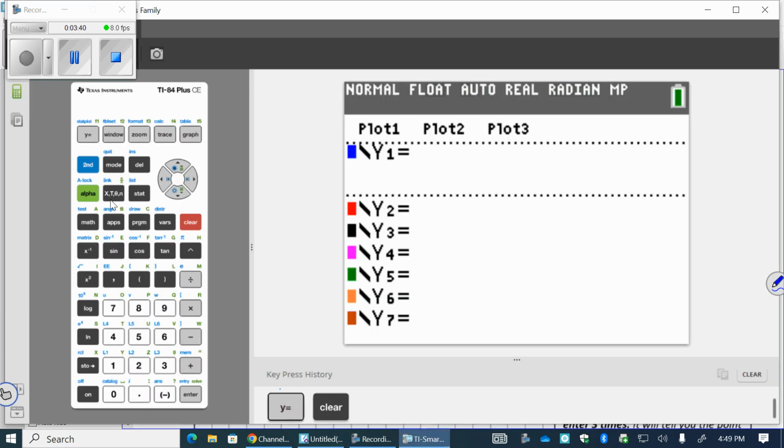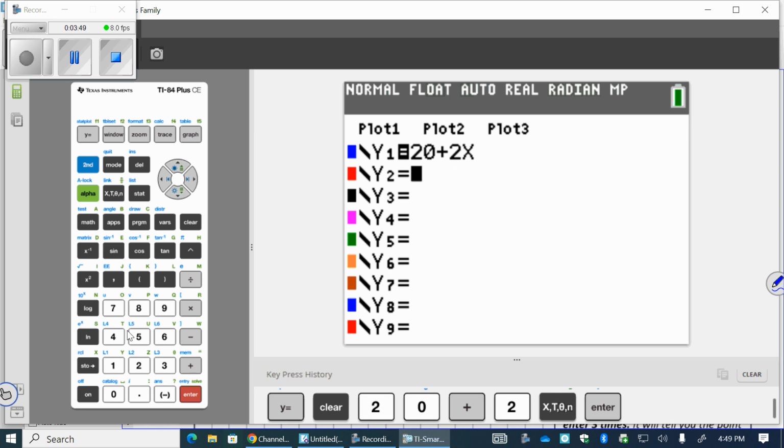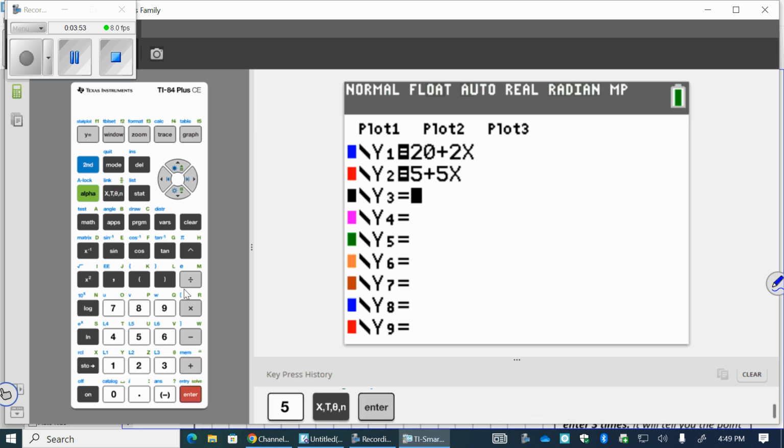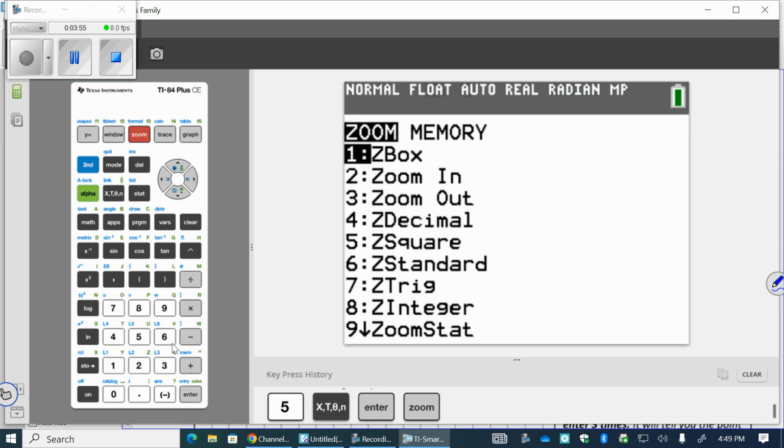My recommendation is press Zoom 6 to get started. Zoom Standard, it's called. And let's see what the graphs look like.